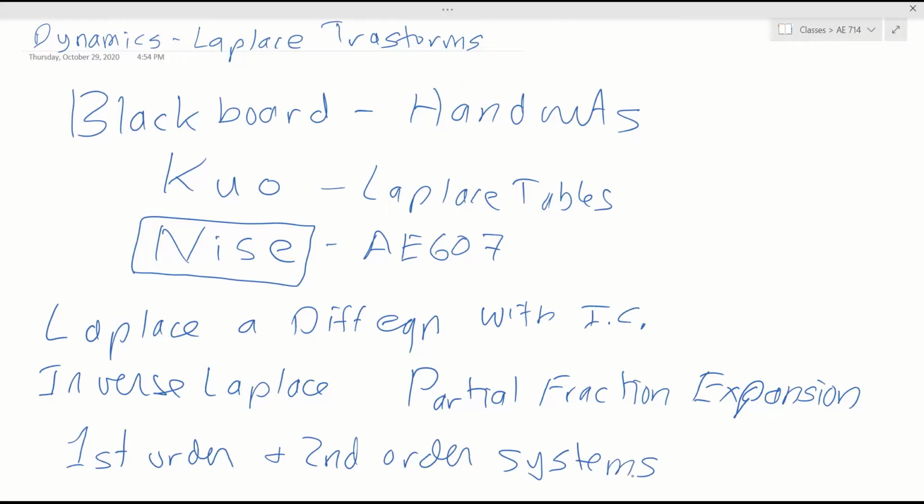But we're going to use the results of this because when we analyze the airplane equations of motion, we get different modes out of the solution. And they'll either be a first order mode or a second order mode, and we'll identify them as such. And then we'll analyze them with the results of the standard second and first order system analysis.